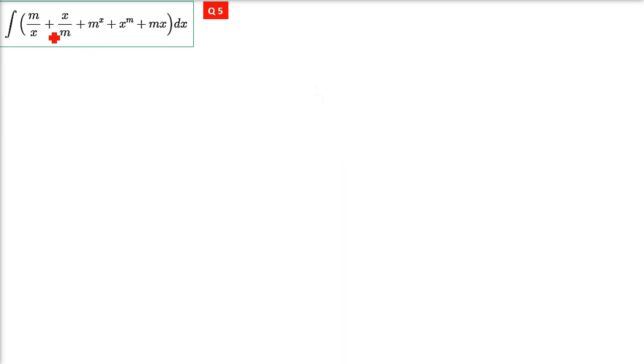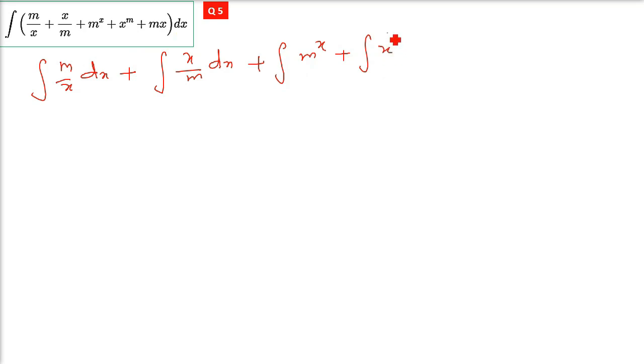Now this question, one by one we need to deal with them. So integration of m by x plus dx will always be there. Integration of x by m dx, integration of m raised x, integration of x raised m, and then we have integration of mx dx.